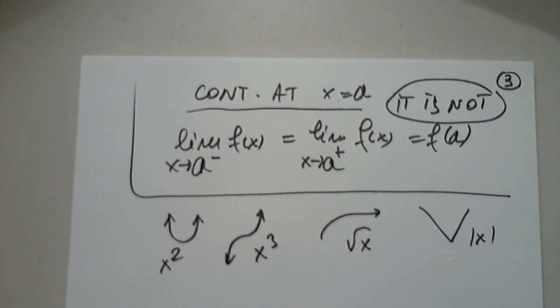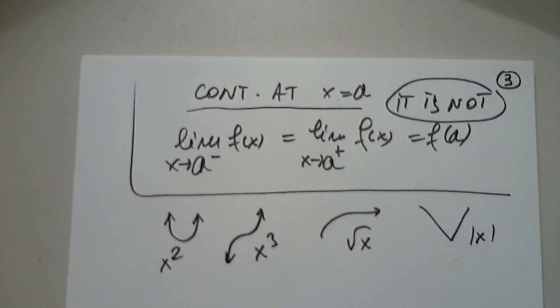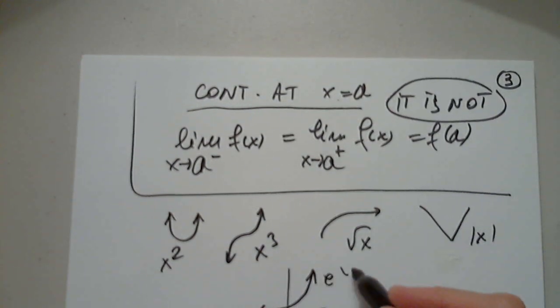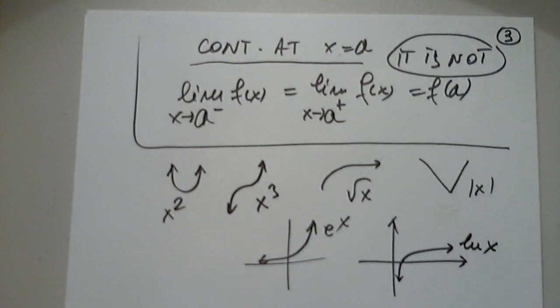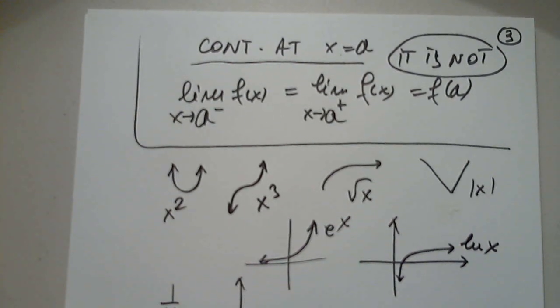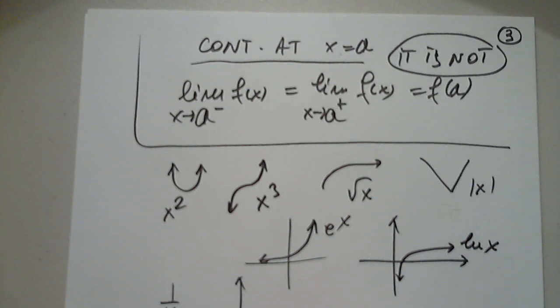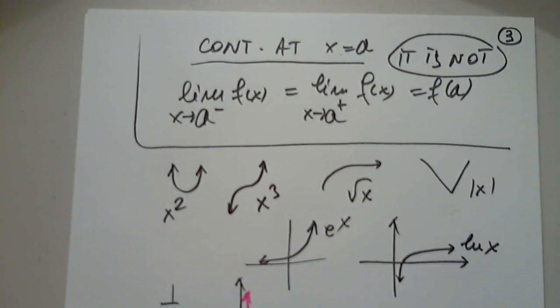As you know, it's increasing on all its domain. E to the x, natural log x, 1 over x. We graphed it so many times. I'm sure you got tired of it. That's 1 over x.